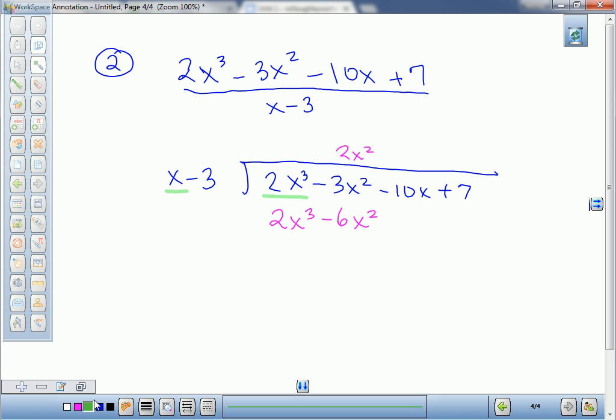Now we've got to change our signs because we're subtracting. When we subtract, we change our signs. So these cancel, and then negative 3 and positive 6 is positive 3x squared.